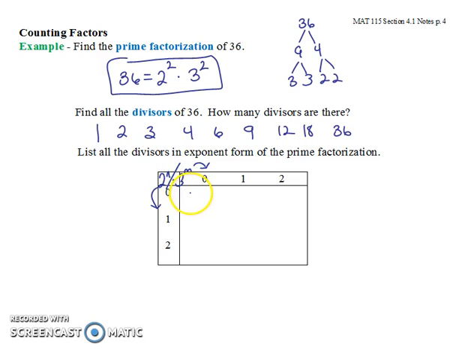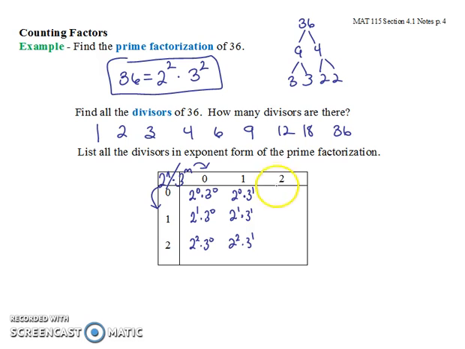So I've got 2 to the 0 times 3 to the 0. I'm going to list all different possible combinations. And notice that's going to give me all my factors of 36. 2 to the first times 3 to the 0. 2 to the second times 3 to the 0. And then I'm going to go to the next column. I've got 2 to the 0 times 3 to the first. 2 to the first times 3 to the first. 2 to the second times 3 to the first.